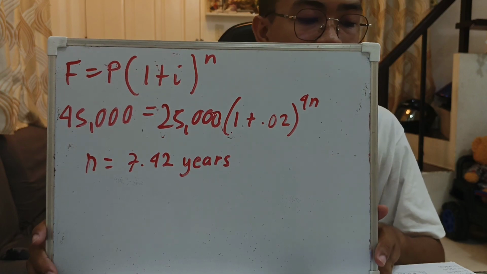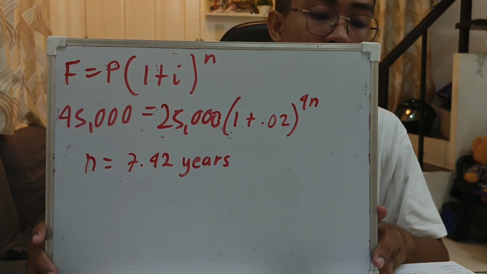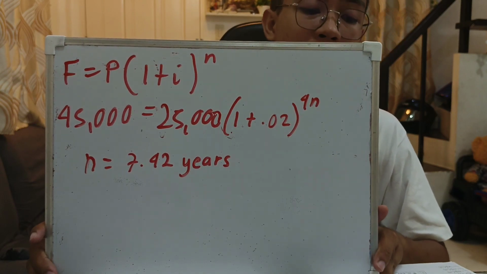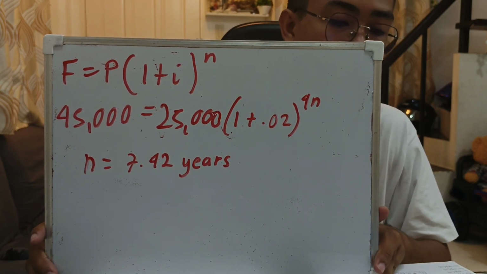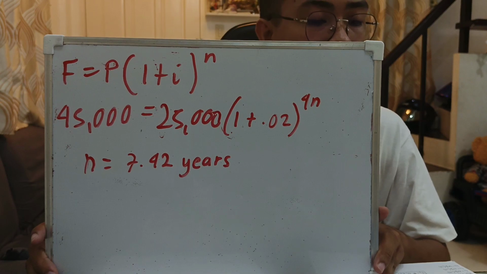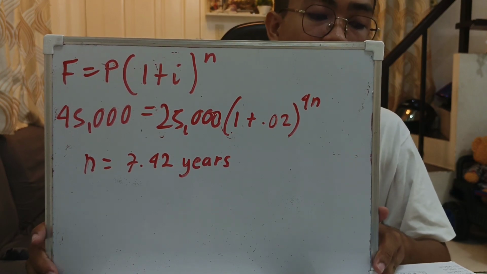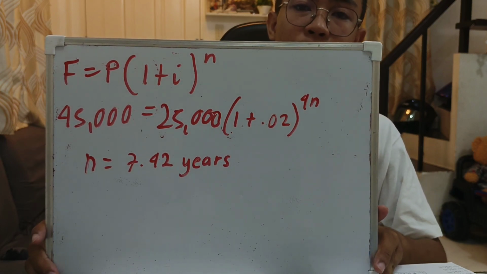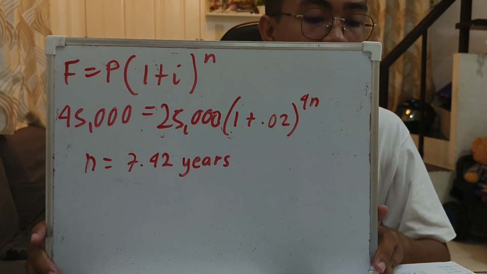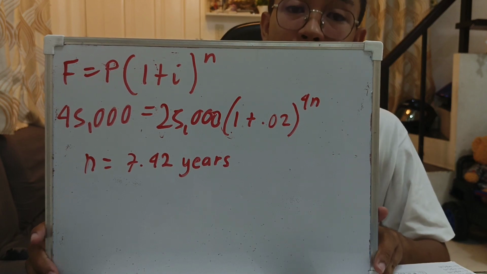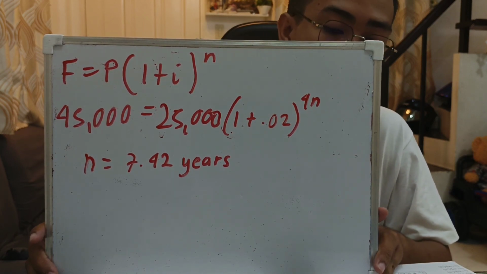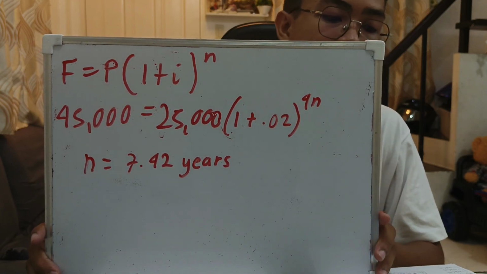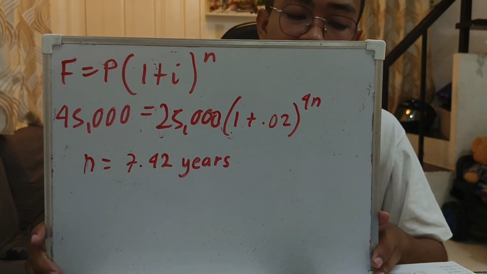So 45,000 pesos, our F, is equal to 25,000 pesos, which is our P, times the quantity of 1 plus the interest, 8% compounded quarterly, so 8 divided by 4, so 2% or 0.02, and to the power of n, which is what we are looking for here, times it is compounded quarterly, so n times 4.